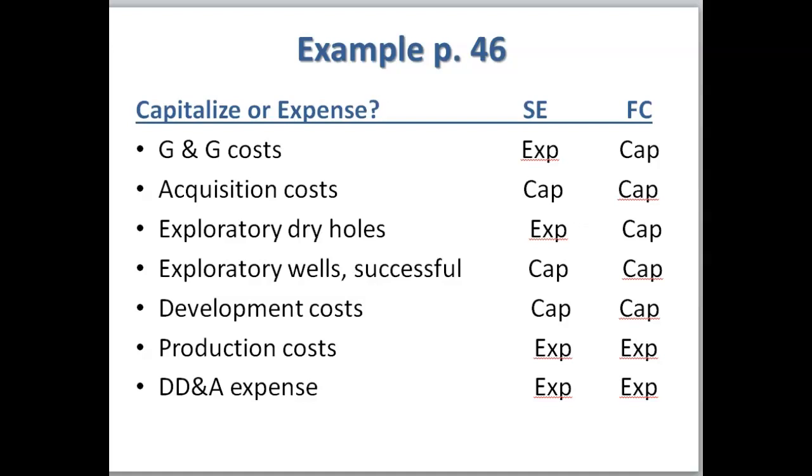What will be expensed are production costs, which are going to be the period costs associated with producing that revenue, and the DD&A expense. Under successful efforts, geological and geophysical costs are going to be expensed, and if we drill an exploratory well that is dry, it will also be expensed.